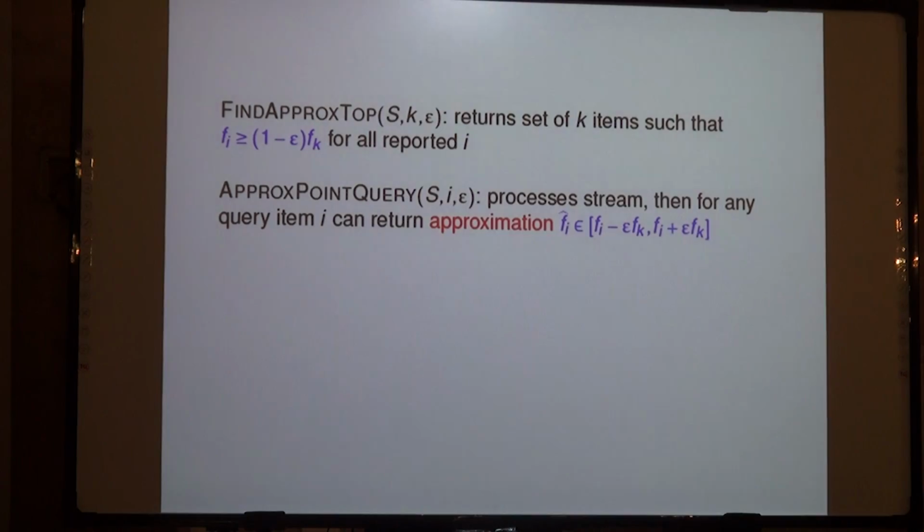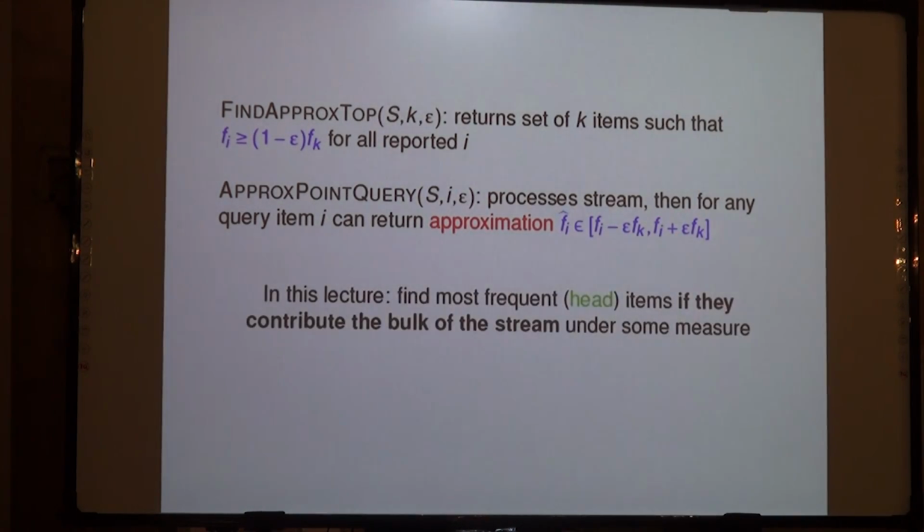We'll call this f hat i. The guarantee will be that f hat i is additively close to the true answer fi. So f hat i will be between fi minus epsilon fk, where fk is the frequency of the kth most frequent item, and fi plus epsilon fk. So that approximate point query is good for find approximate top k.